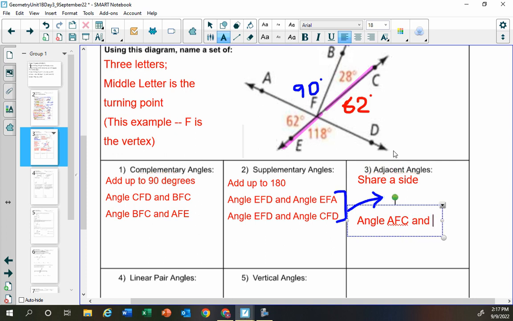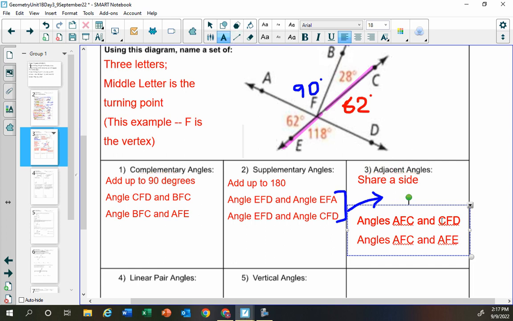AFC and CFD. I'll just write angles AFC, CFD. Also, if you said angles AFC and AFE, they both work too.